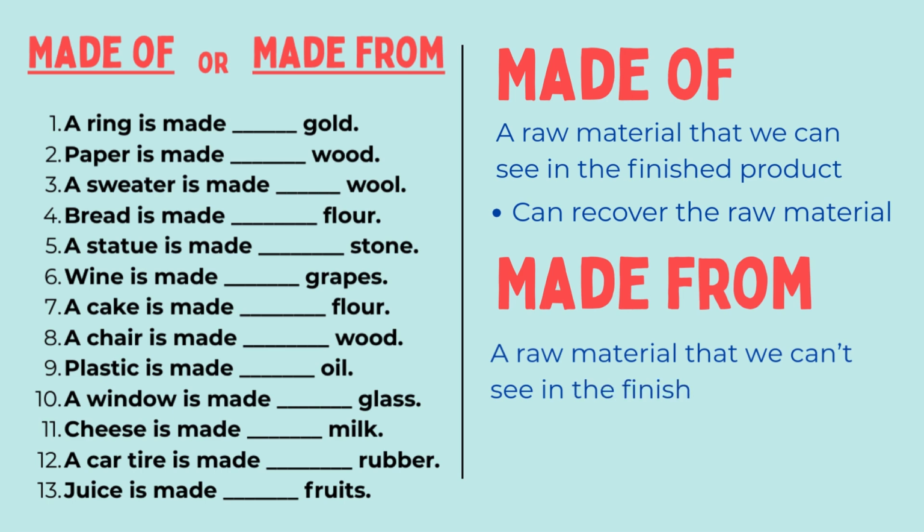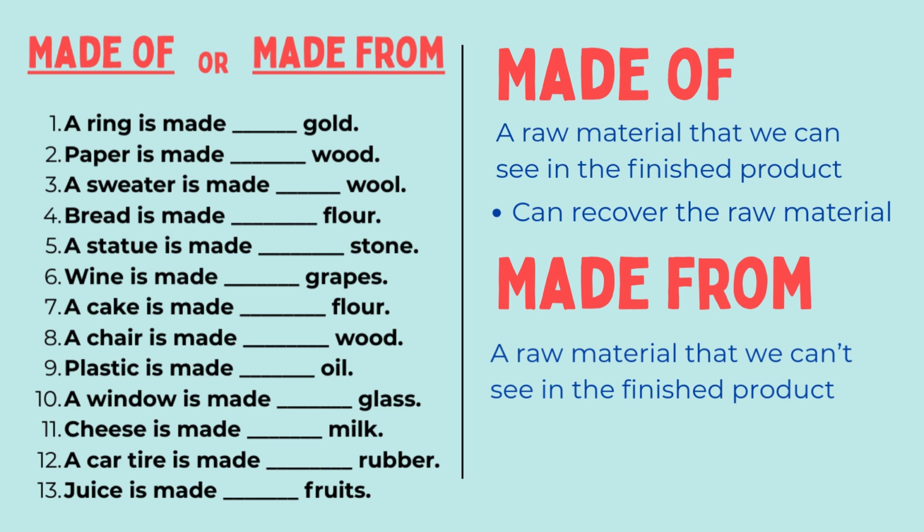So, essentially, when you can get back the raw material from the finished product, you use made of. But if you cannot get back raw material from any finished product, you use made from.